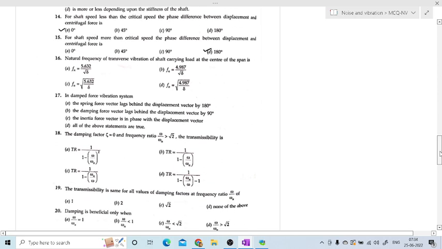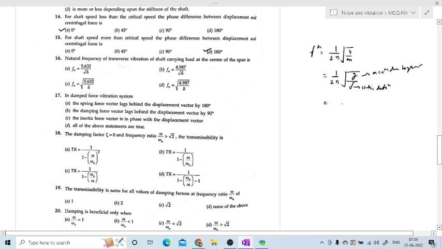16th, just read the statement: natural frequency of transverse vibration. I'll write the formula for natural frequency of transverse vibration. It is 1 divided by 2 pi. The normal formula is root k by m, but the same we can replace by root g by delta, where delta is static deflection and g is acceleration due to gravity.